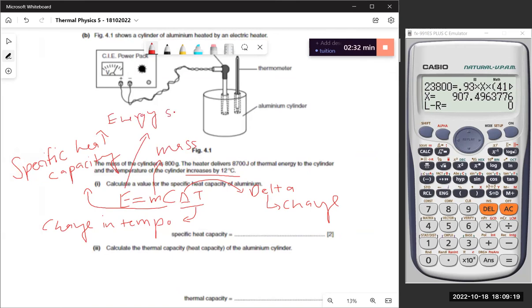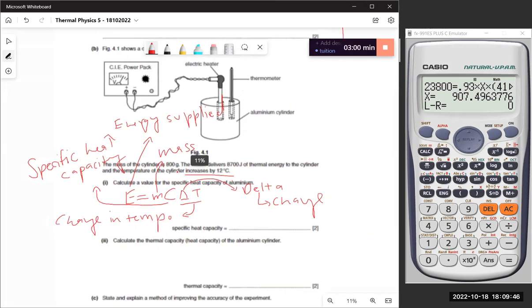Now all of you can write the name of each symbol in your notebook as well. E is energy supplied. C is for specific heat capacity. Delta T means delta is change, so change in temperature. M is for mass.